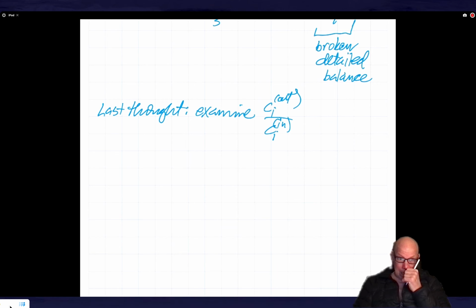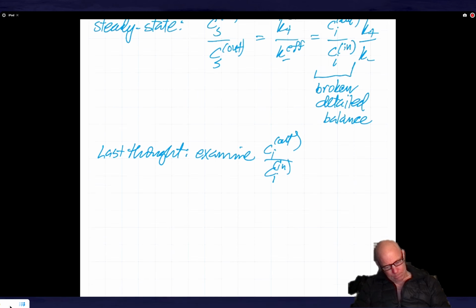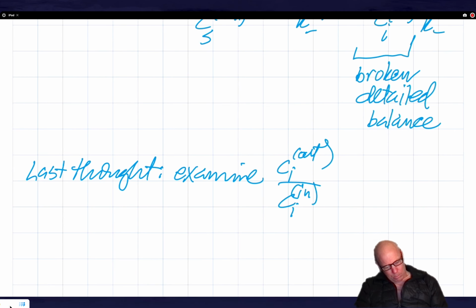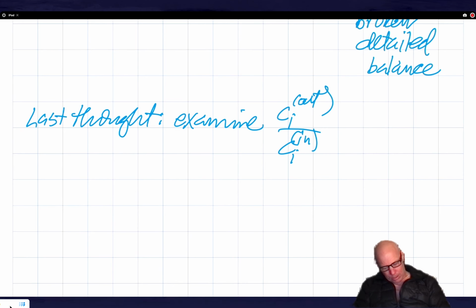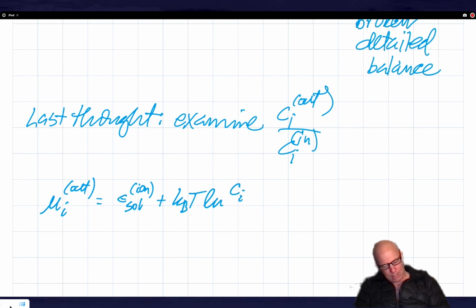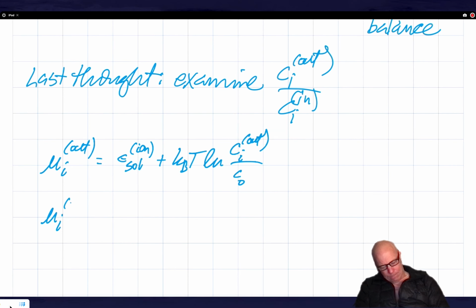Remember that, from earlier we had that mu_I out is equal to epsilon solution ion plus kBT log of c_ion out divided by c naught, and mu_I in is equal to epsilon solution ion plus kBT log of c_ion in divided by c naught.